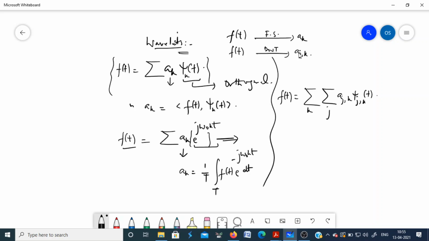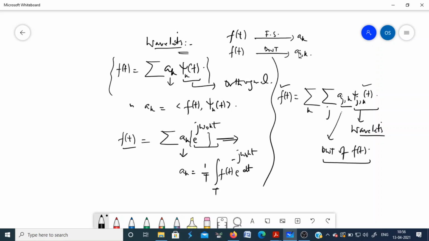Okay, and again, if these basis functions, which are basically called the wavelets, are orthogonal, these coefficients a_jk can again be computed from the inner product of the function with the basis function. And these coefficients we call the discrete wavelet transform of this function f of t.